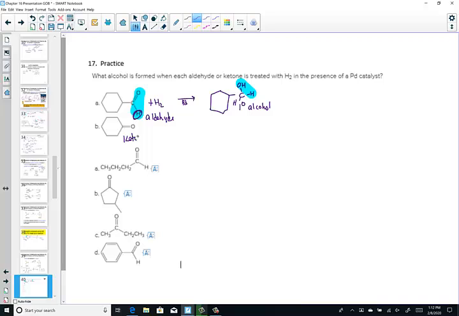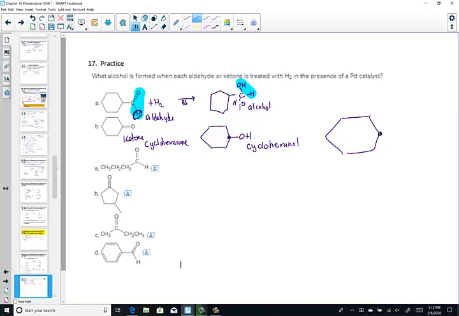Here we have a ketone, a six-membered ring, and the ketone turns into a secondary alcohol where this carbon is now leading out to the hydroxyl group. So here you had cyclohexanone, and here you have cyclohexanol.